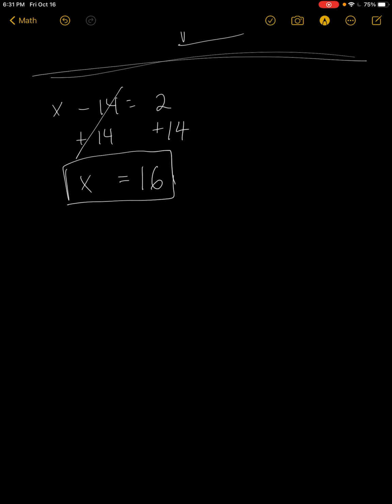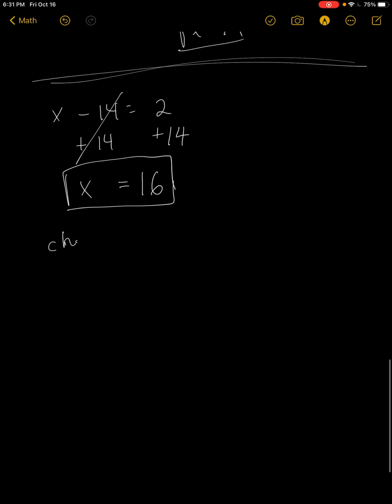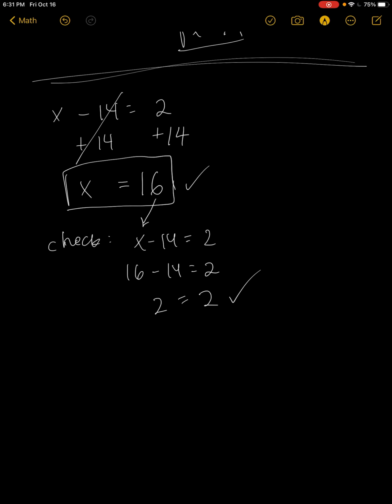So there's my answer. And then let's just do another check for good measure, right? X equals 16, so I'm going to plug that in. 16 minus 14 is in fact 2. 2 equals 2, so we did this correctly. This is the correct answer. Right? So I'm going to stop here.